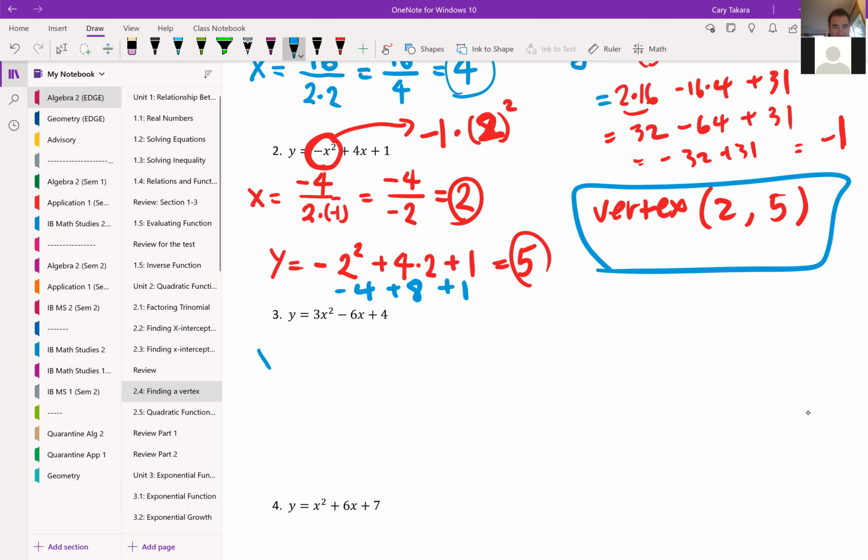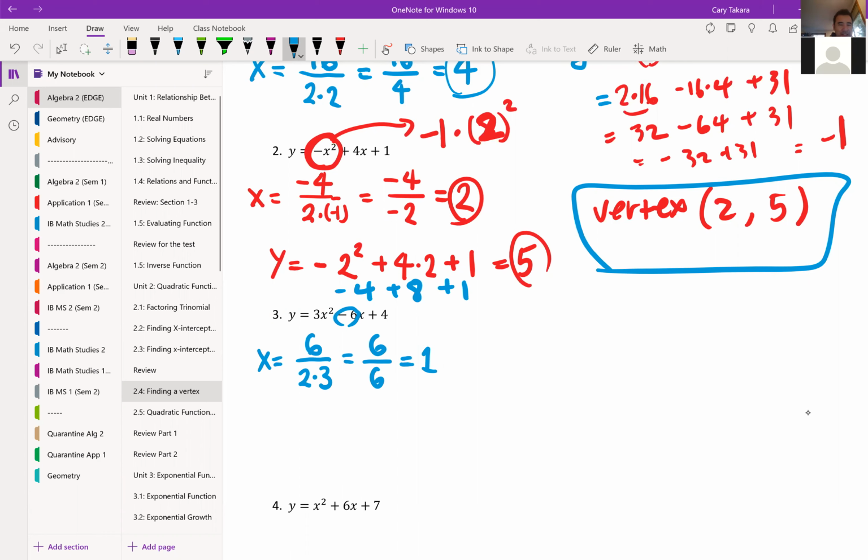All right, the x coordinate will be the opposite of b. Since b is already negative, the opposite will be positive 6. Positive 6 over 2 times a, so that's 6 over 6, which is 1.